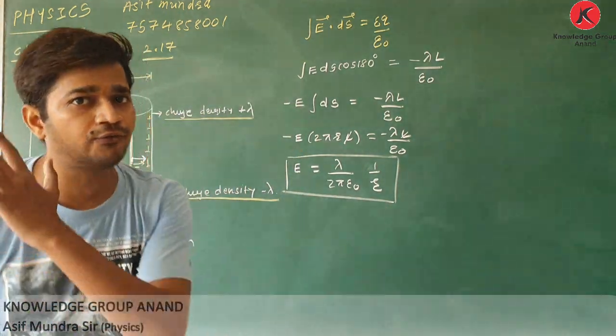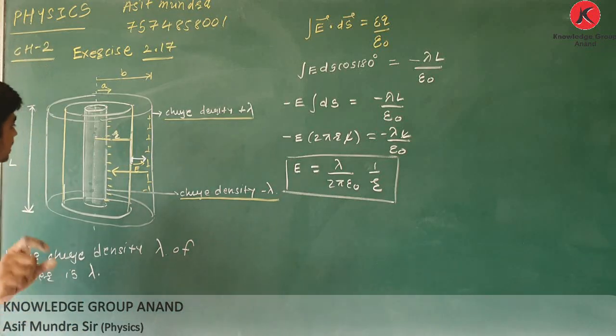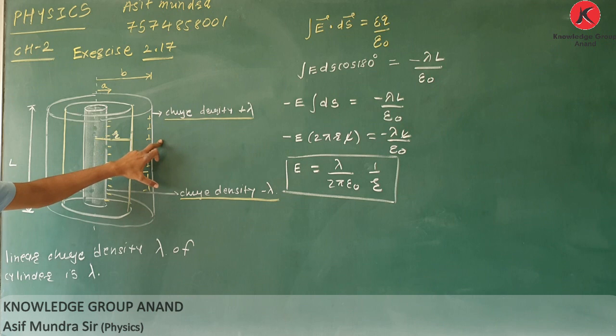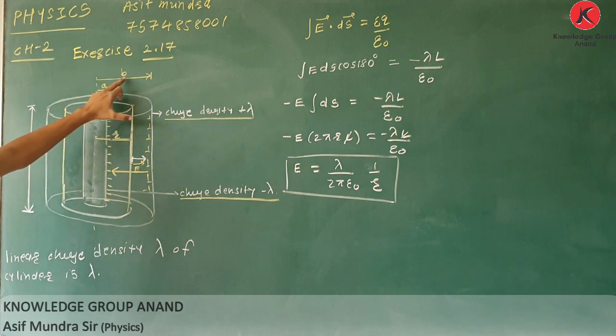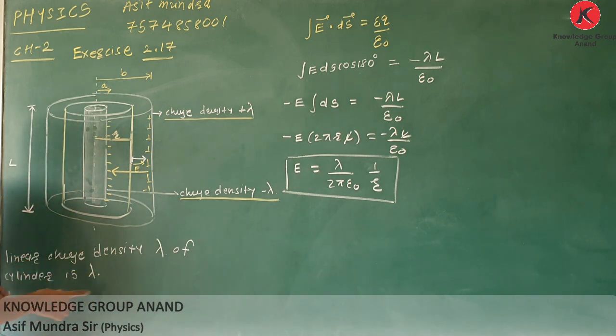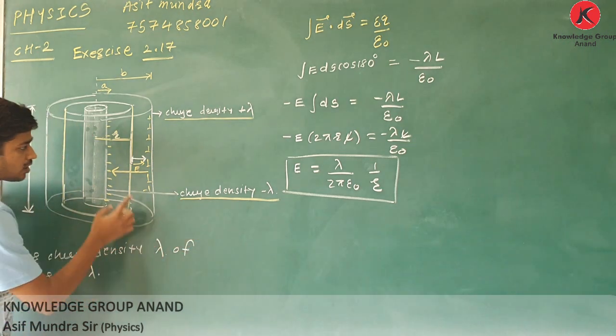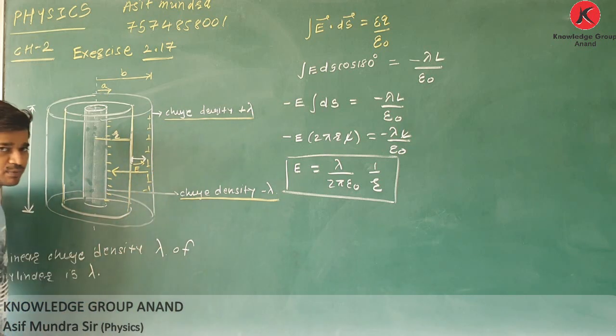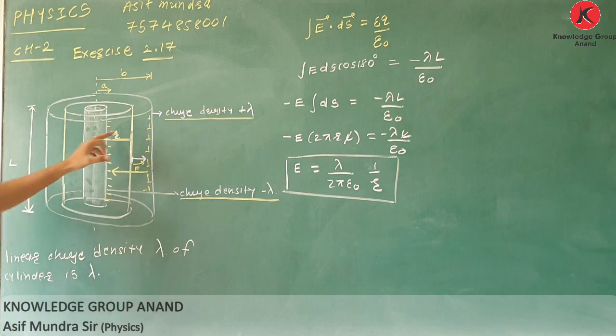Okay. Again, inner cylinder radius A, outer cylinder radius B. Linear charge density is given as lambda. So I am assuming that the charge density of the outer cylinder is plus lambda and of the inner cylinder is minus lambda due to charge induction. Assume a Gaussian surface of radius r, where r is greater than A and less than B, means between them.